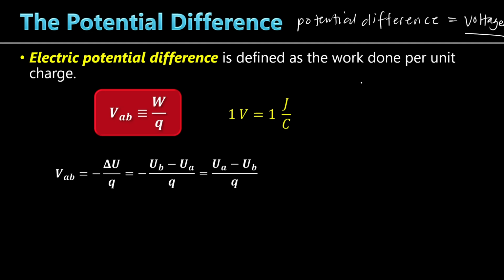So in general, the potential energy at a point divided by the charge is equal to the electric potential at that point. So this UA divided by Q is equal to VA, which is the electric potential at A. And this UB divided by Q is the electric potential at point B, written as V sub B. Okay?